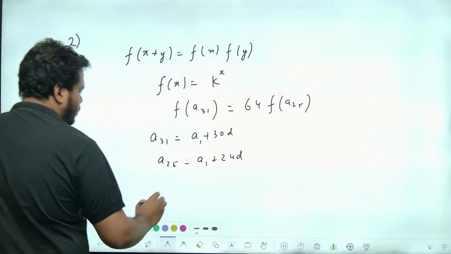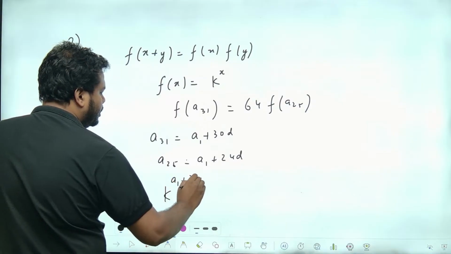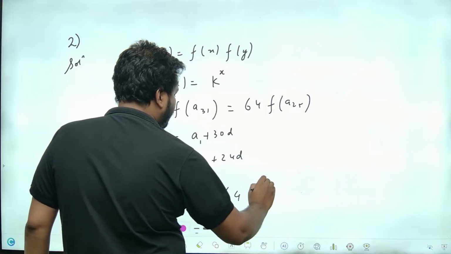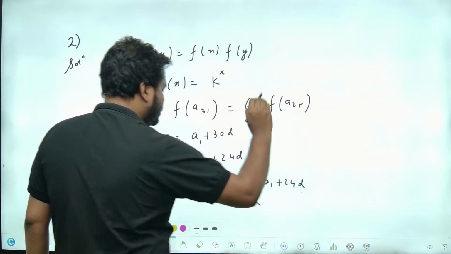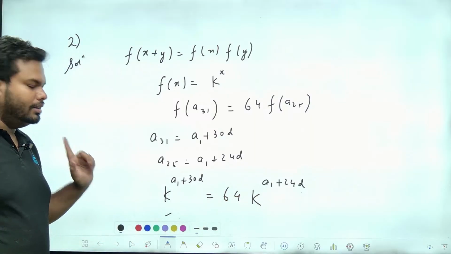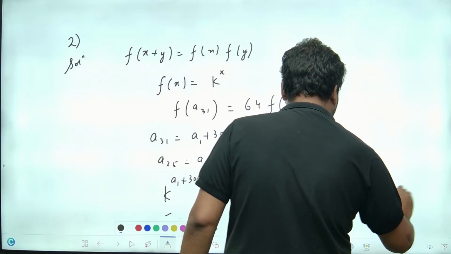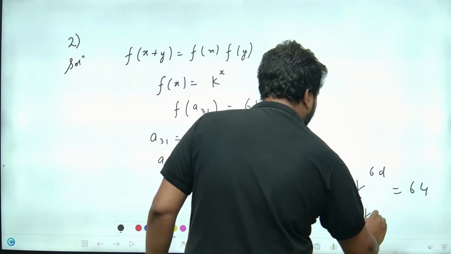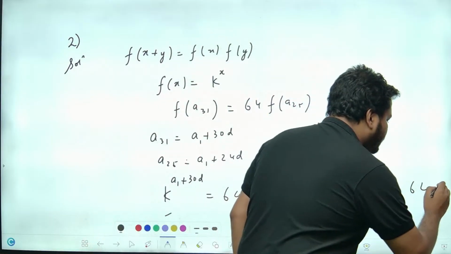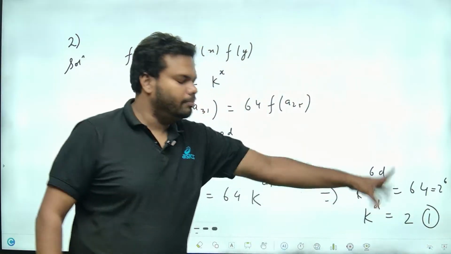Okay, put it. k to the power (A1 plus 30d) is equal to 64 times k to the power (A1 plus 24d). Now put this k on the left hand side. It becomes k to the power 6d equal to 64, or k to the power d is equal to 2. It is also equal to 2 to the power 6. So from here we get k to the power d equal to 2. It is equation number 1.